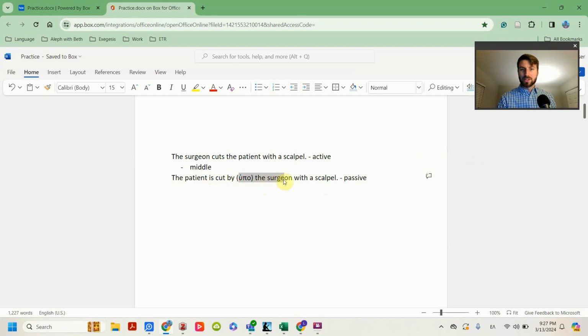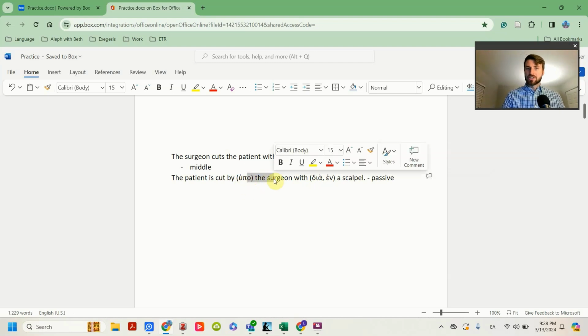So hupo is used with the personal agent, and then often the scalpel would either be in the dative, or sometimes you'll see it with dia, or even sometimes en, and other prepositions will be used here, but dia and en, or just the dative, are common here. That's the way to talk about the agent and the instrument, or the means, for the action of the verb.